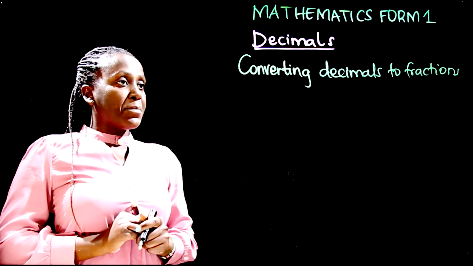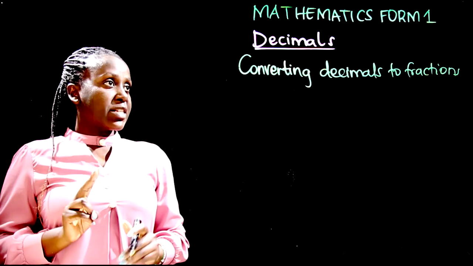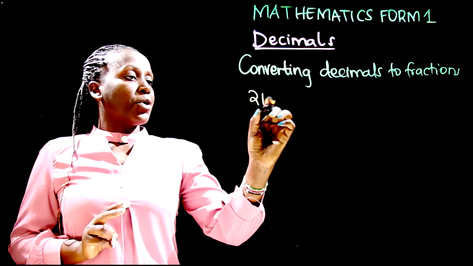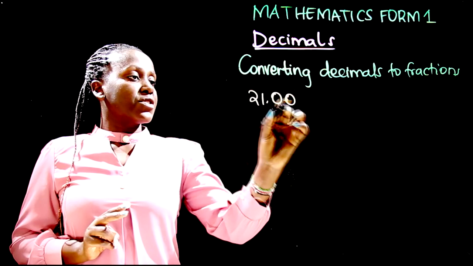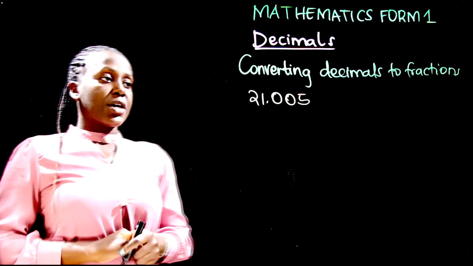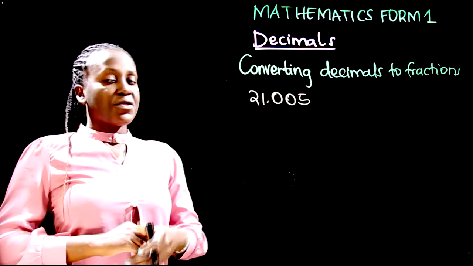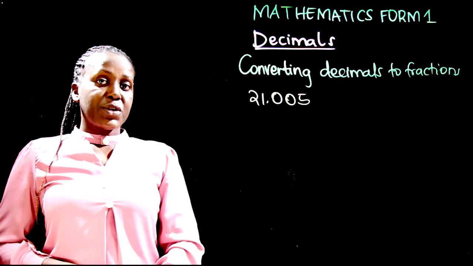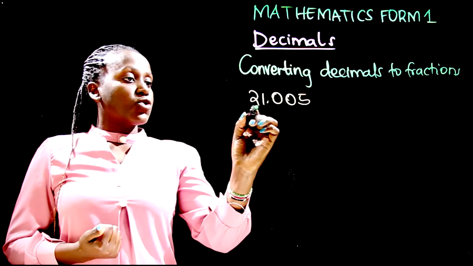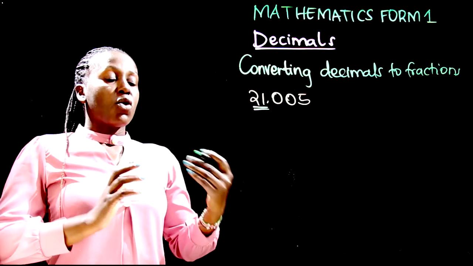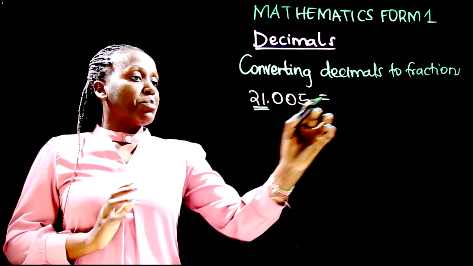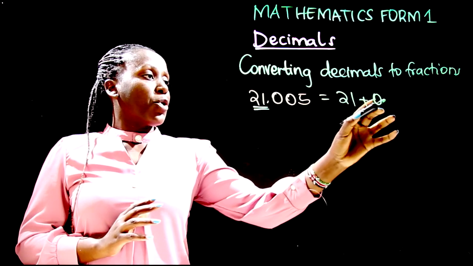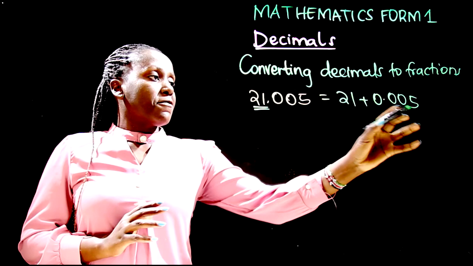Let's look at an example that has more than 2 decimal places, like 21.005. If we need to convert this into a fraction, what do we do? Remember, 21 represents the whole number, so this can be broken down into 21 plus 0.005.